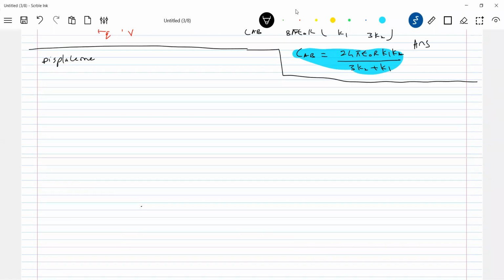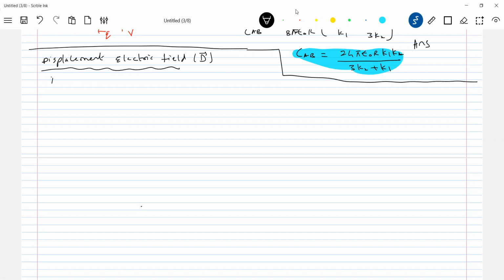Displacement electric field. We usually denote it by D. So what do you mean by it?